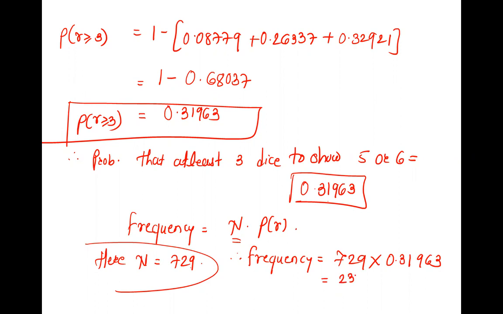233.01. But as it is a frequency, it has to be a whole number, not with decimal points. So 233. Frequency is always a perfect number. So it is 233. What does it mean?